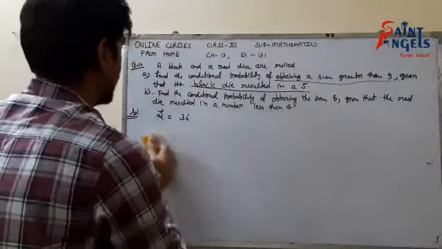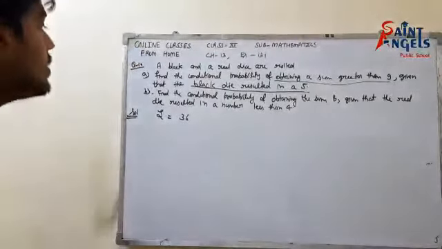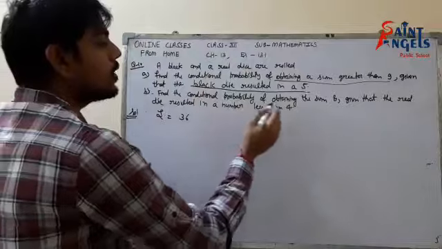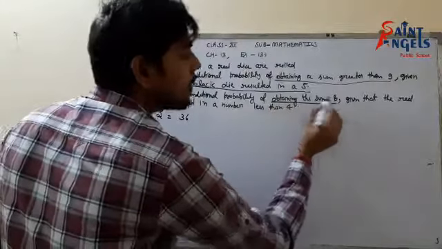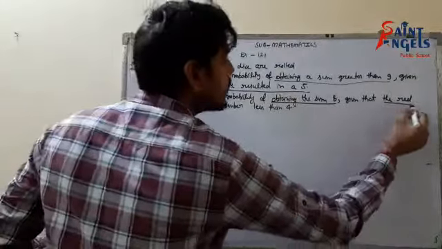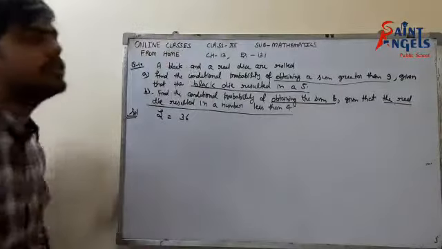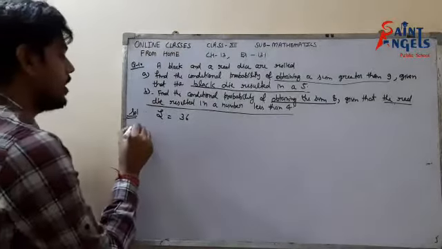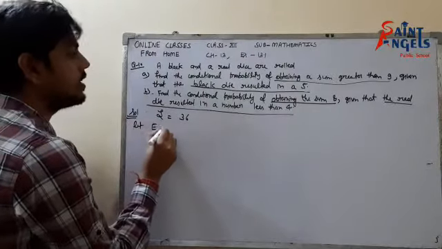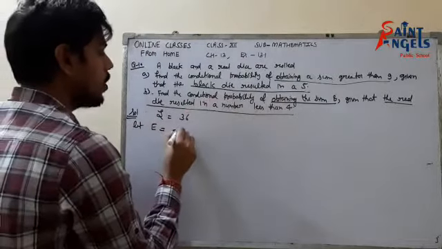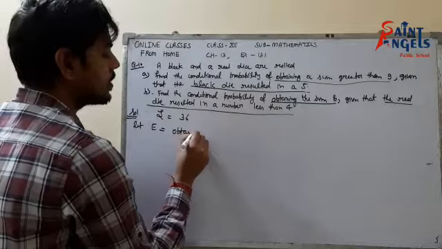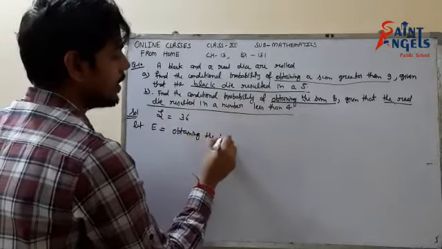Now look at part B. It says find the conditional probability of obtaining the sum 8 given that the red die resulted in a number less than 4. So these are our two events. First of all, let E be the event obtaining the sum 8.